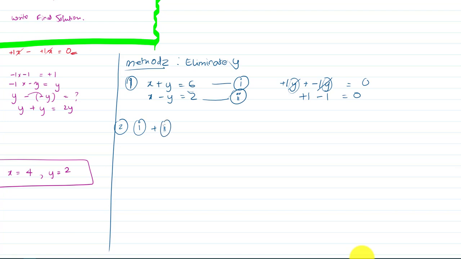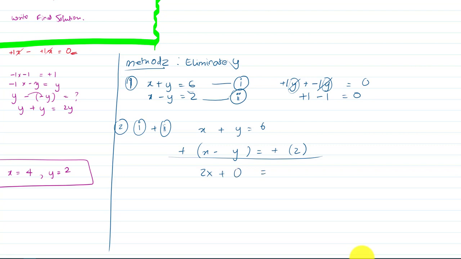What you're going to have here: x plus y equals 6, and a plus sign, bracket, x take away y equals 2. What do you get? x plus x gives you 2x. y plus take away y is going to give you what? 0.